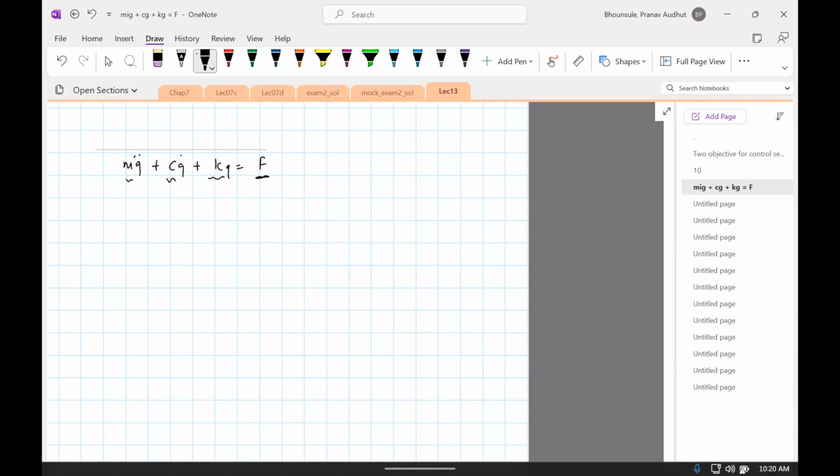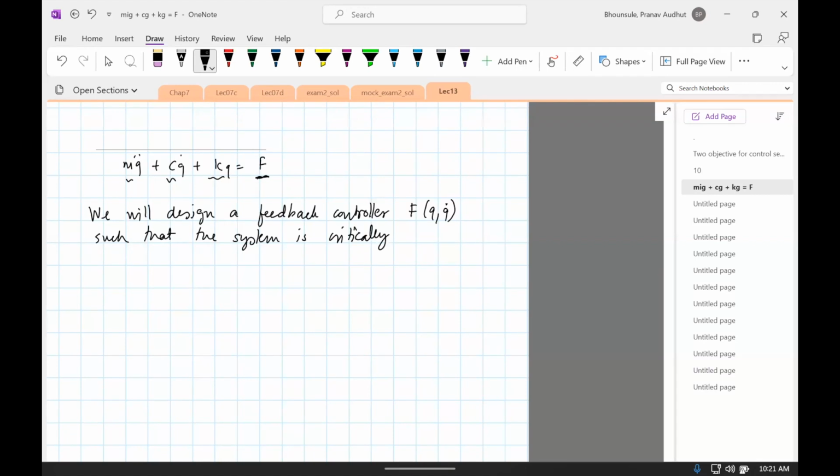Okay, so what we'll do is we will design a feedback controller f as a function of q dot, such that the system is critically damped. Okay, so what is that function?